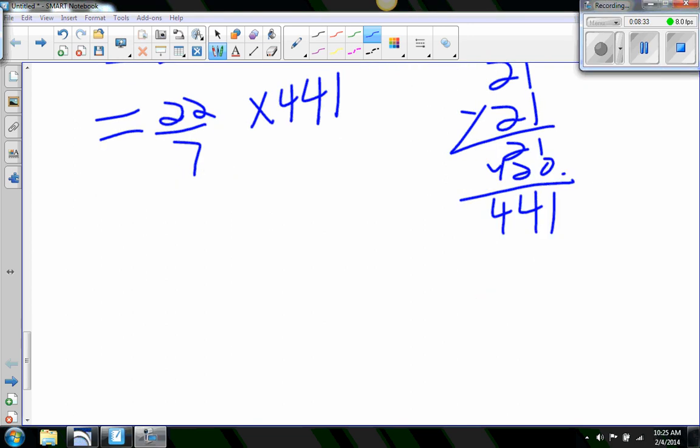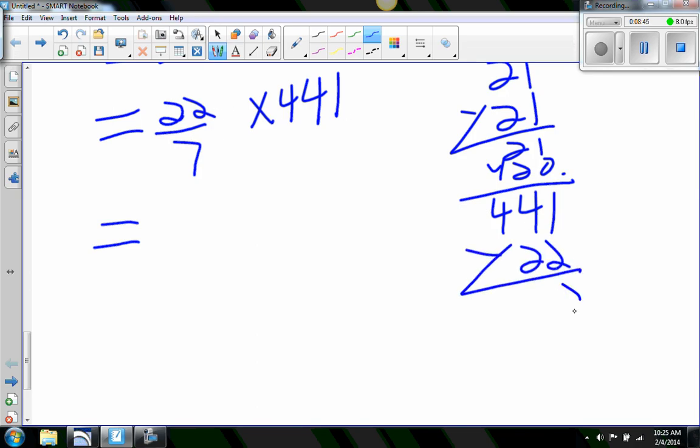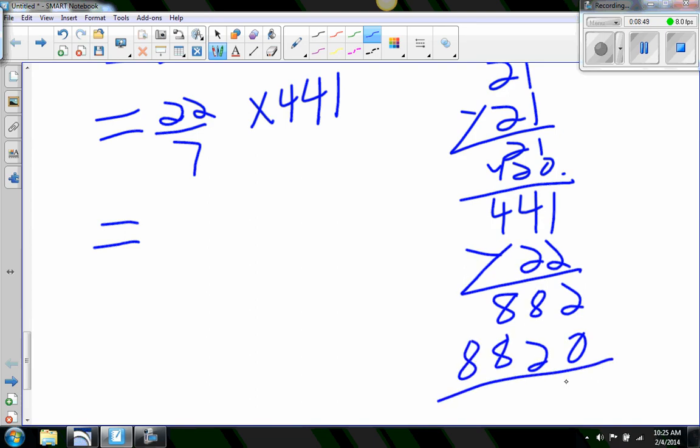Okay, so I had to go back and fix my formula because I forgot that it told us to use 22/7, so I can't use 3.14. So to get rid of this, I have to do it in 2 steps. I have to take 441 times 22, which is 9702.